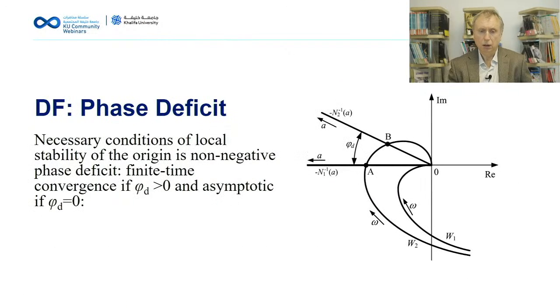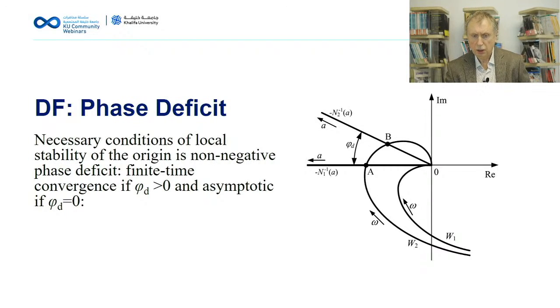And it was proved that the origin in the state space can only be locally asymptotically stable if the value of the phase deficit is non-negative. It can be either 0, and in this case we will have asymptotic or infinite time convergence, or it can be positive. In this case we will have finite time convergence.